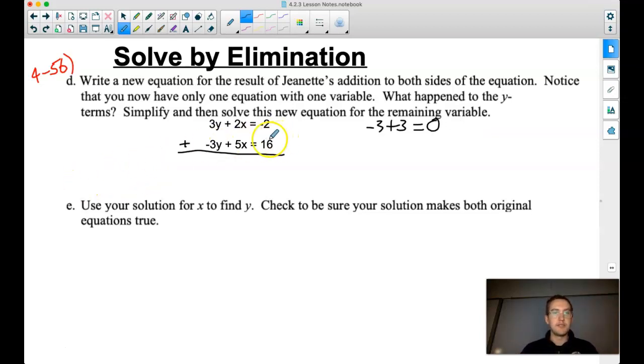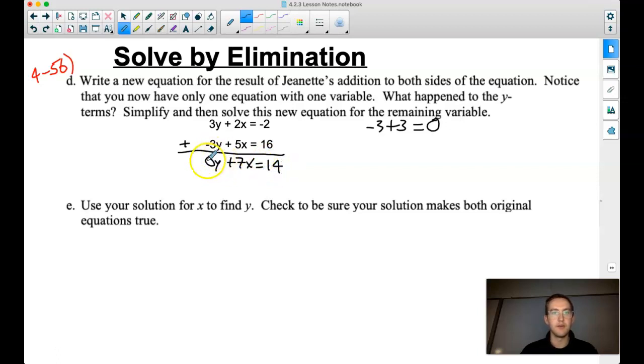So what we want to do when we solve by elimination is add up and down, add the same terms, or the terms of the same variable, so the y's, the x's, the constants together. So when we add these two together, we get 0y plus 2x plus 5x is going to get us 7x. The equal sign stays where it is. On the other side of the equal sign, we have negative 2 plus 16, so we get 14.